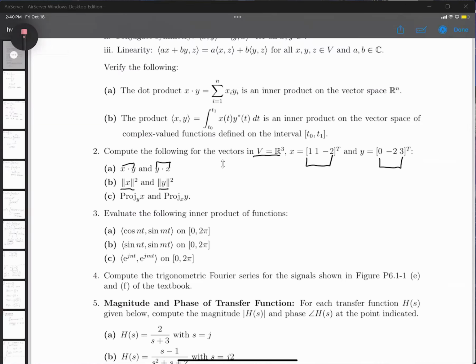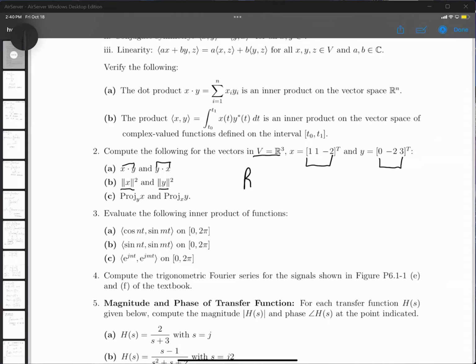All right, so since the audio for part 2 wasn't enabled, I have to do this again. So I'll break this into steps. For part 2, it says compute the following for the vectors. V is equal to R3. Well, we're going to go in detail a little for R. You know how in the previous problems it mentions R?